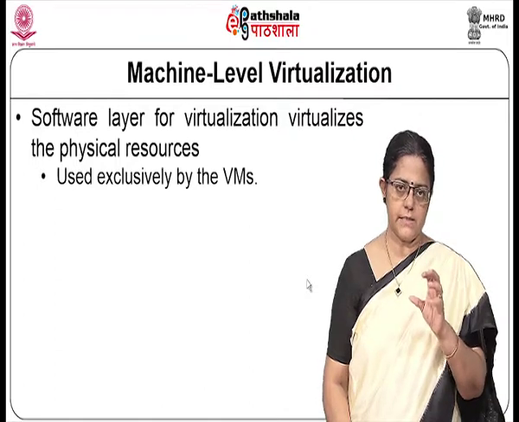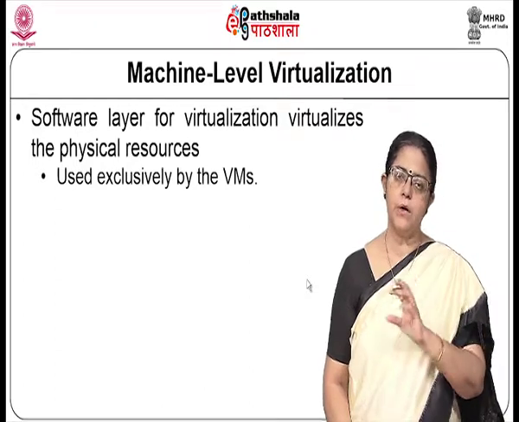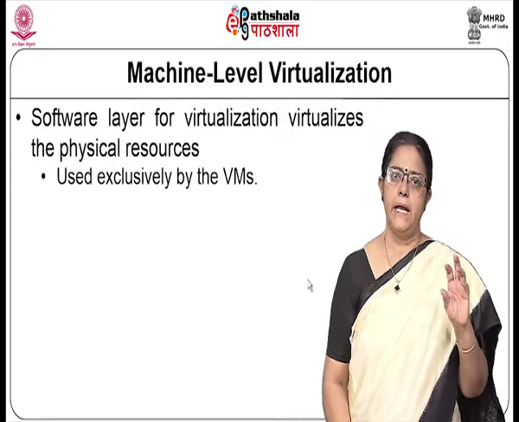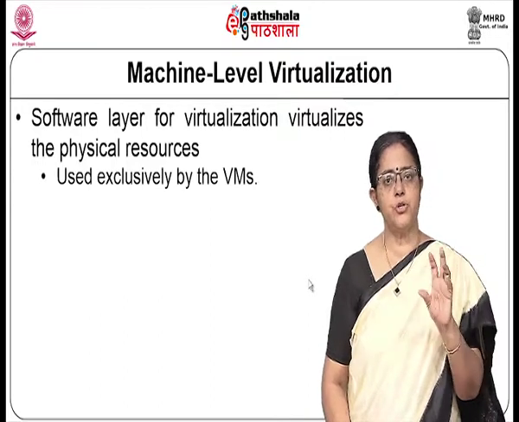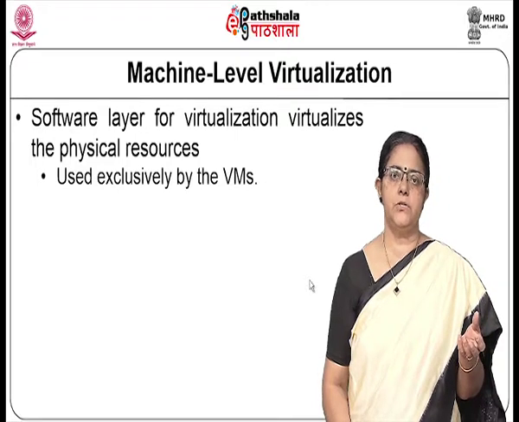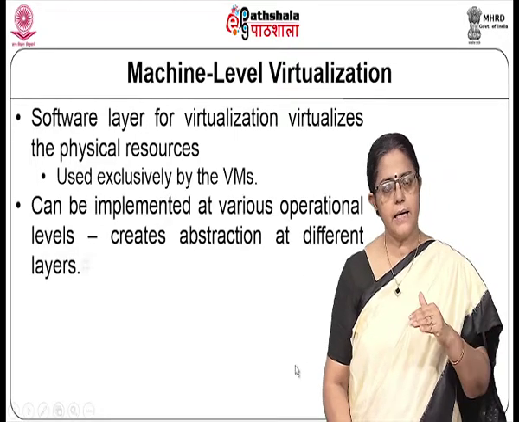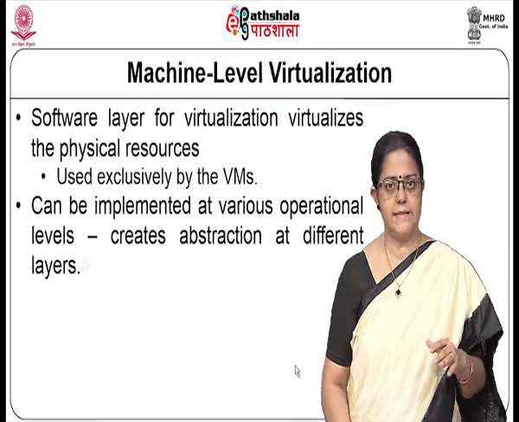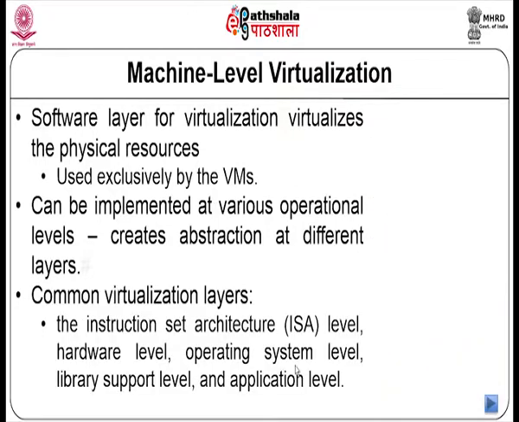The virtualization layer can separate out small portions of the hardware, and each small portion will be exclusively used by a virtual machine. It can be implemented at various levels in the machine. For example, we can do it at the instruction set architecture or ISA level, at the HAL level, at the OS level, and so on.